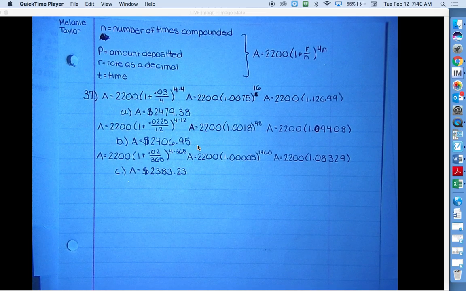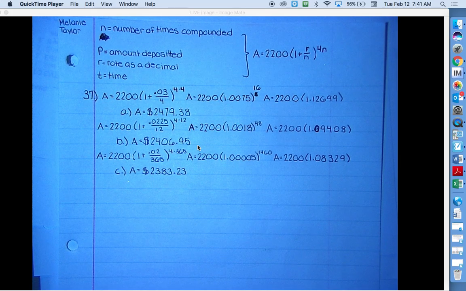Okay, so for the first one, the 0.03 comes from the 3% annual interest rate, and the initial equation you're working off of is 2,200 times 1 plus r over n, to the power of 4n.